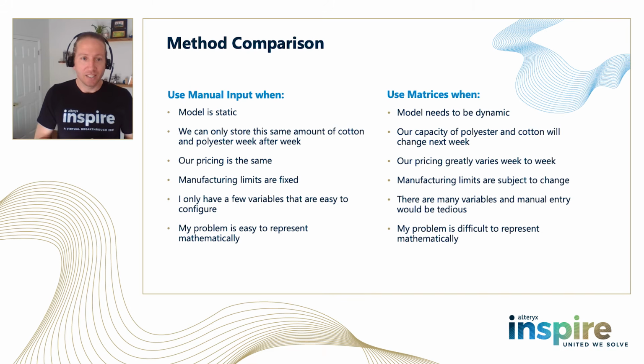So really, anytime constraints are going to change, the optimization function or the objective value is going to change, really any aspect of anything that we've talked about today, we're probably going to want to use matrices.